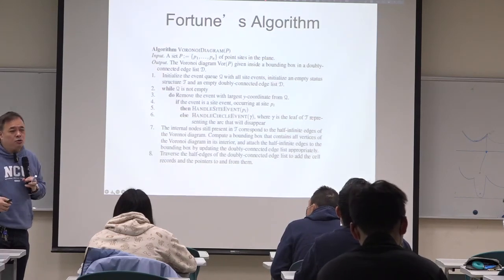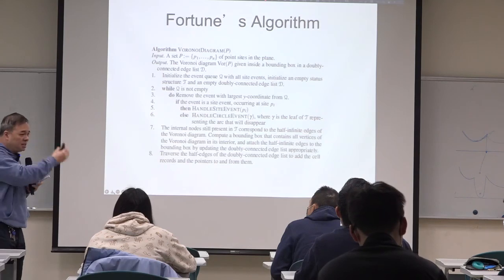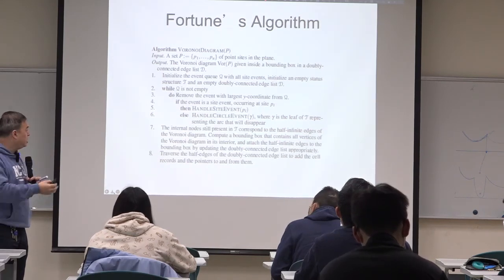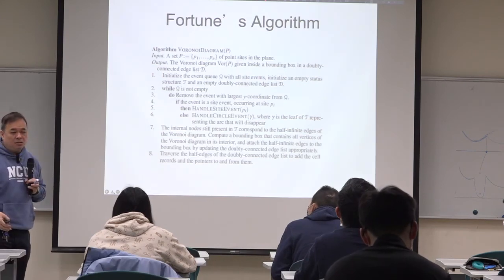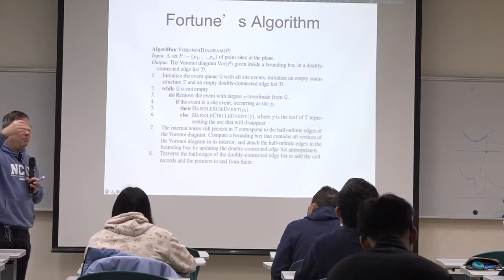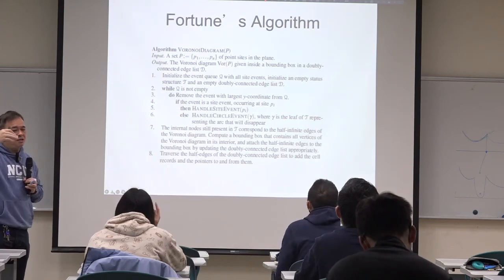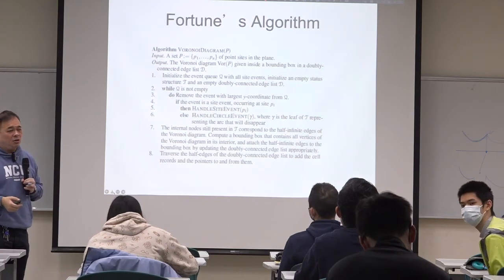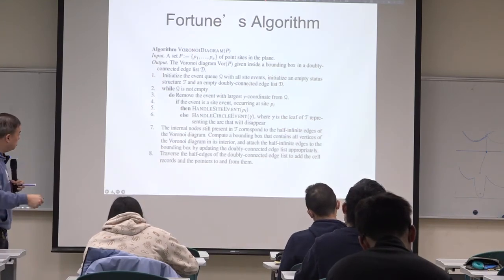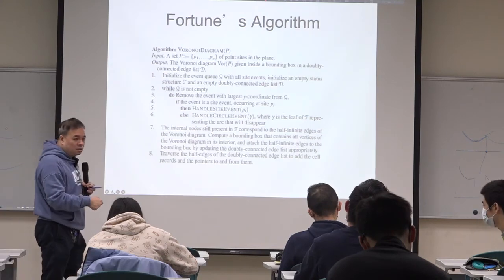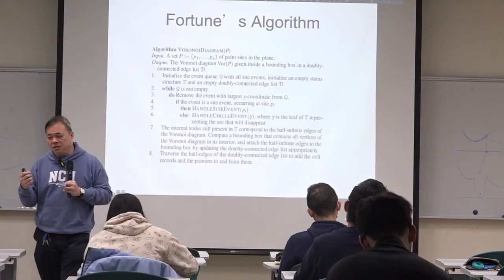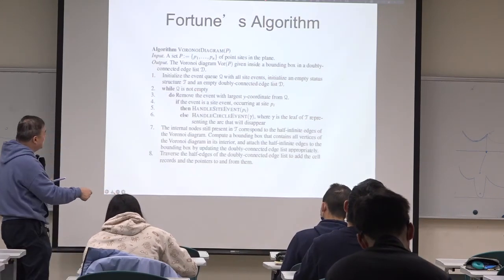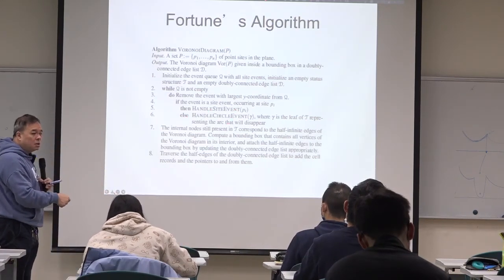I'm not asking you to memorize stuff, but if you understand the algorithm, you should be able to tell me whether I can change the order. Because all the events are handled based on the y value. But if you understand the whole algorithm well enough, you should tell me you cannot change the order because of the second degenerate case, which gets handled correctly only under this order. Okay?